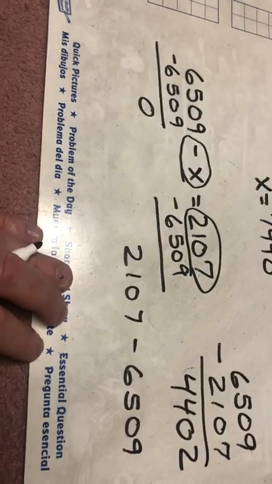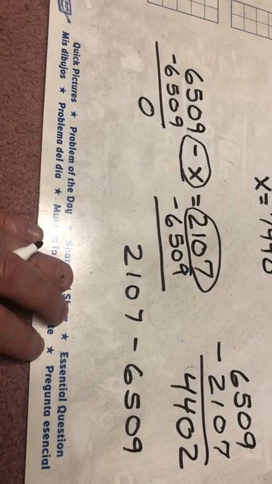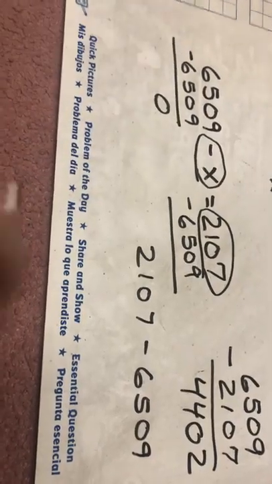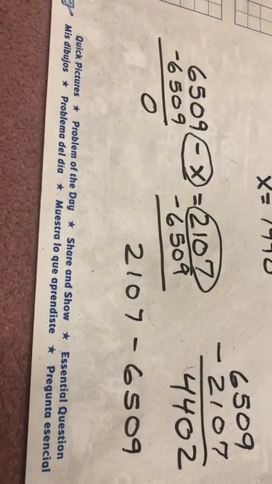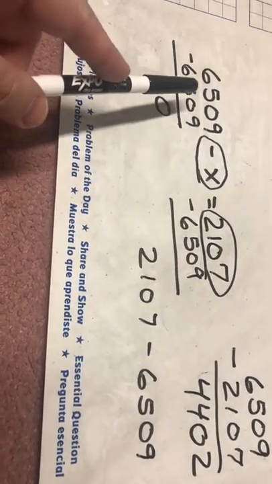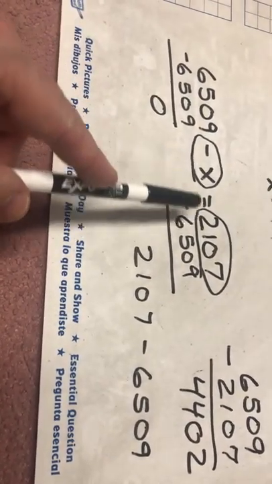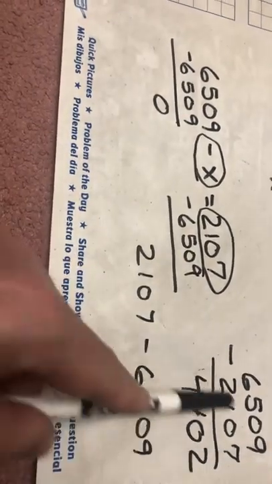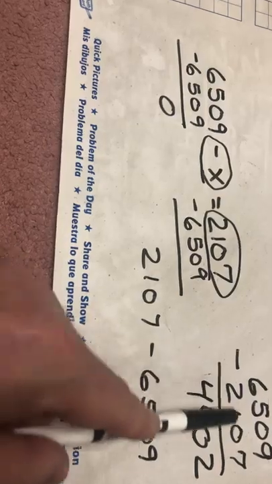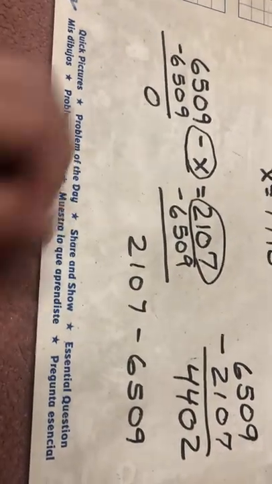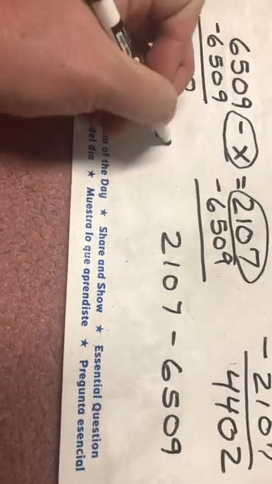But I also wanted you to see the math behind what was taking place there. As you move on in your math life, you're going to want to know mathematically what's happening there. So once again, essentially all that was happening in 6,509 minus x equals 2,107 was that I took 6,509 and subtracted my answer, which was 2,107. I got 4,402. X equals 4,402.